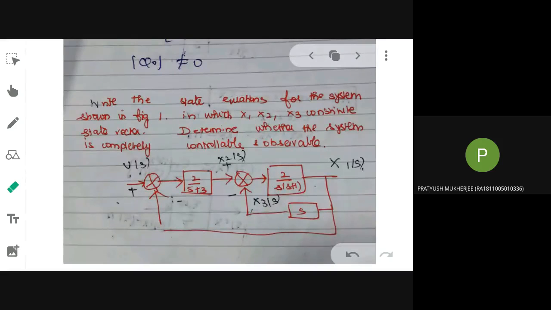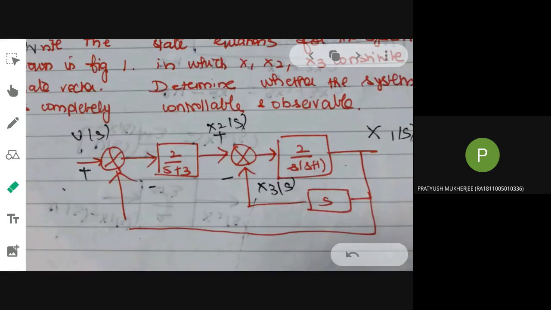Okay. So there are three blocks actually. You are going to split up all the blocks. First, I will use this one. What is the input for that block and what is the output for that block? That is the question. Come on, 2 by s plus 3 is the block, with the help of which I will write one equation.